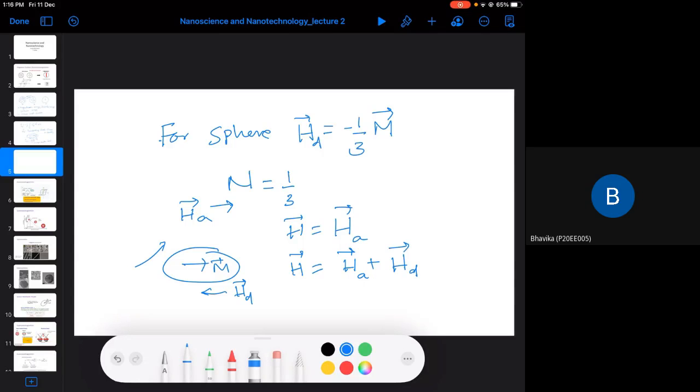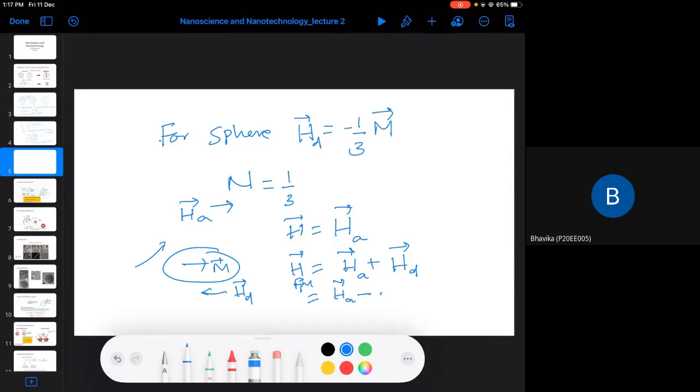So the total magnetic field H will be HA plus HD. This HD field exists inside. HA outside is always the applied field, but this H, what we are calculating right now, is inside the ferromagnetic body.